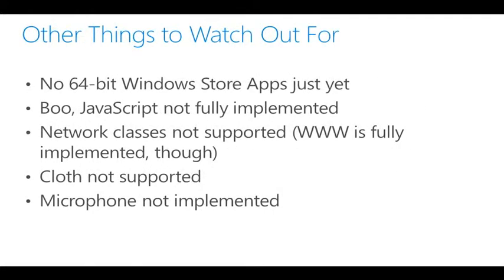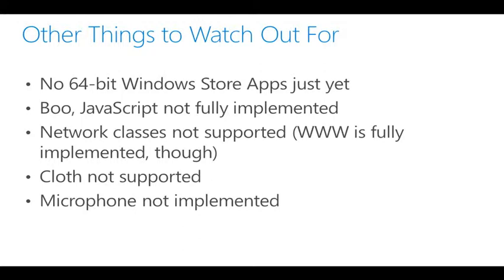Other things that are currently going on with Unity for Windows 8 and RT. As you know, we're currently in beta for the Windows Store add-on for Unity, so a number of these things will be getting resolved as we move forward, but some of them are architectural constraints. First off, we do not currently have a 64-bit app build for Unity for Windows 8. We will not, at least for the foreseeable future, have one for Windows RT, because ARM chips are of course 32-bit devices.